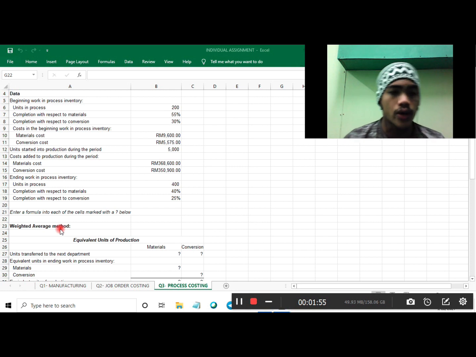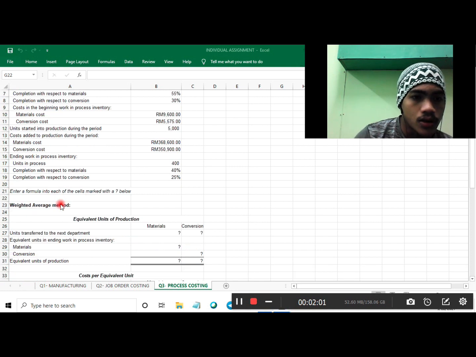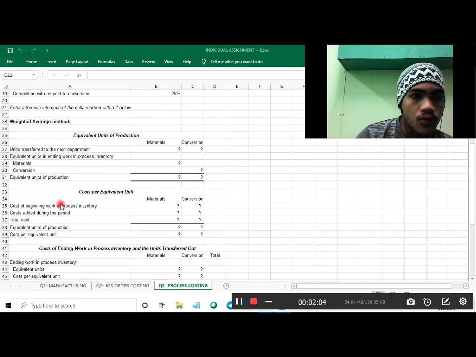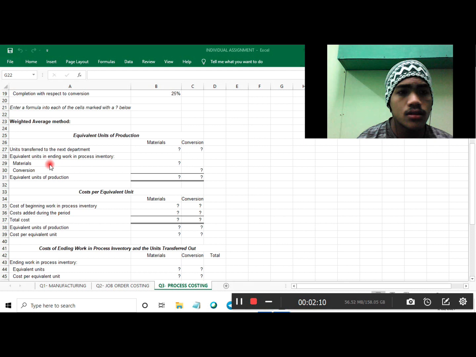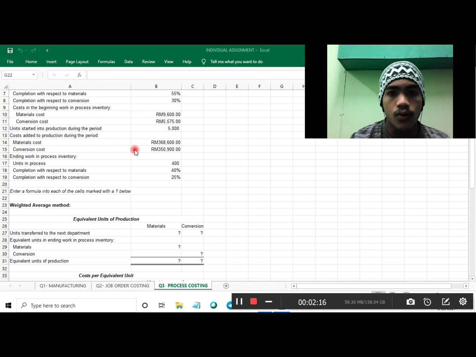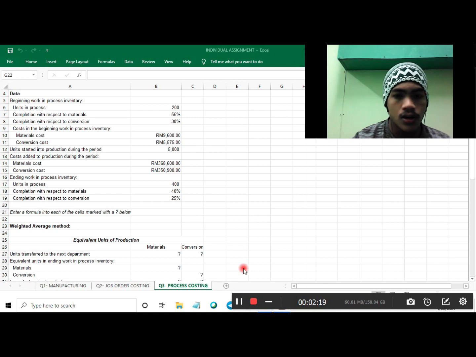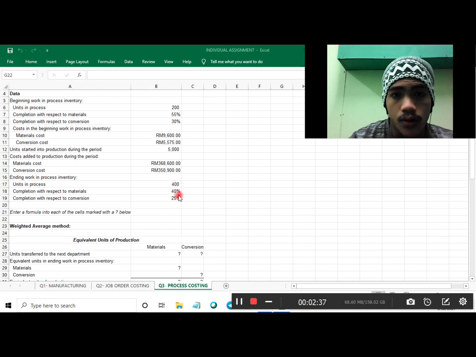So you need to enter all of the data into the formula, and the first formula is the weighted average method. With this, firstly we need to find the equivalent units of production. Before we find the equivalent units of production, the data did not give the units transferred to the next department, so we need to find it.